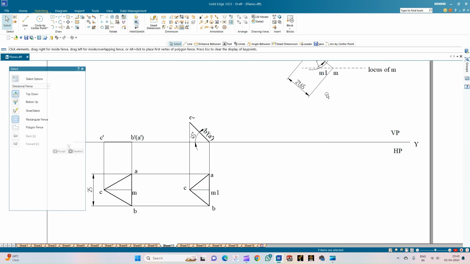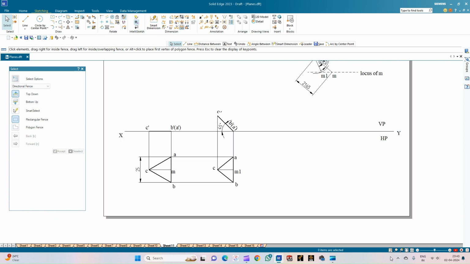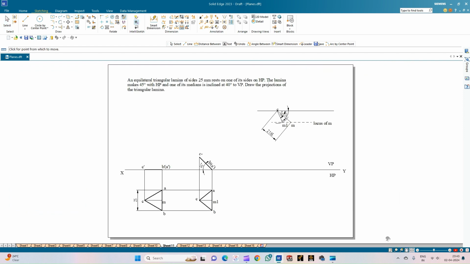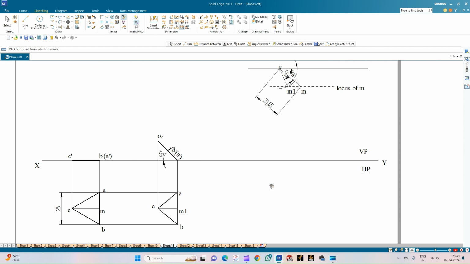The value of beta here is 65 degrees. Whenever we are going to place this median CM1 on the line, we have to construct a line of angle 65 degrees. So we will just redo this construction by using the extend to next option.